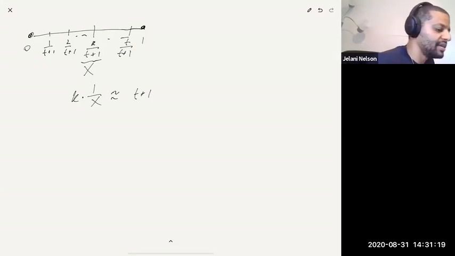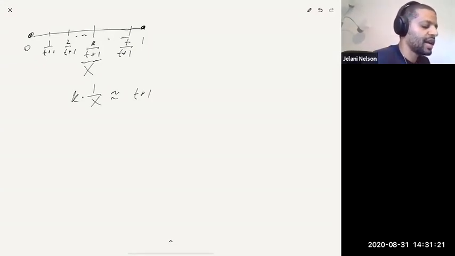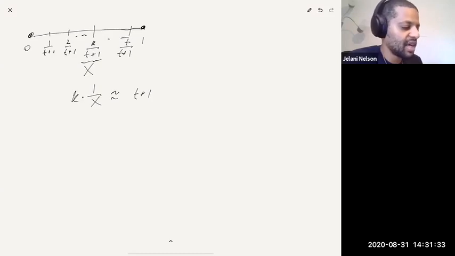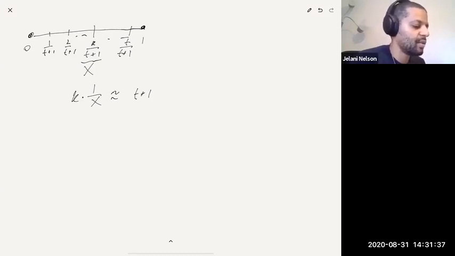And again, we know that we're going to output the answer exactly if t is less than k. If t is bigger than k, then the difference between t and t plus 1 is multiplicatively at most 1 plus 1 over k.